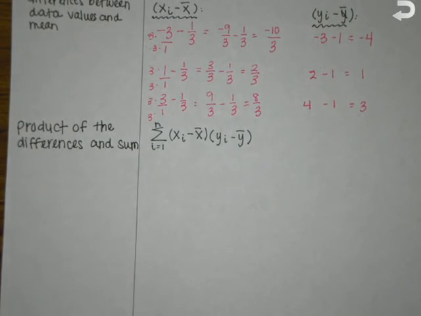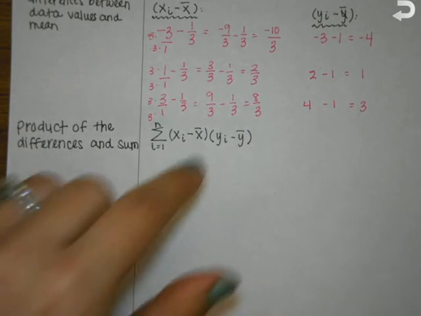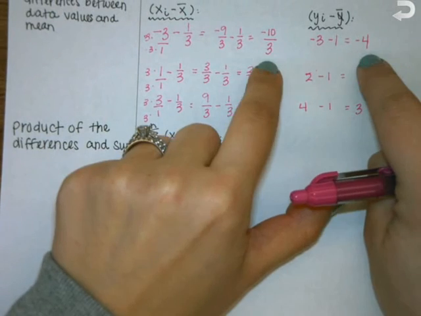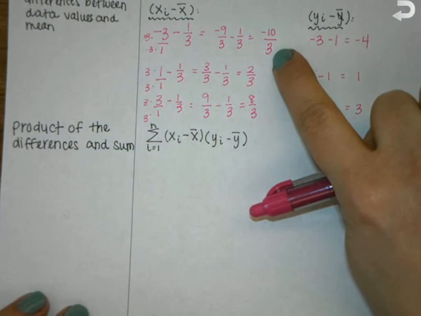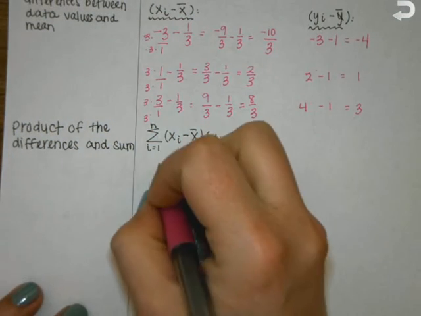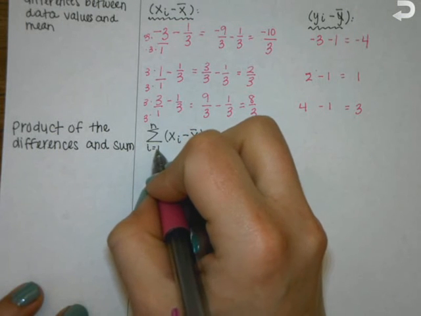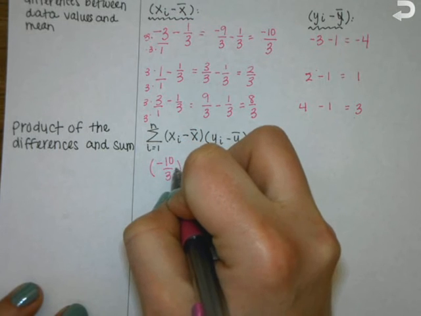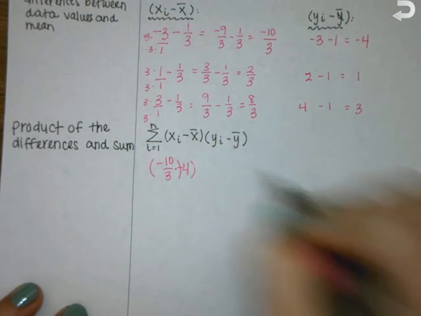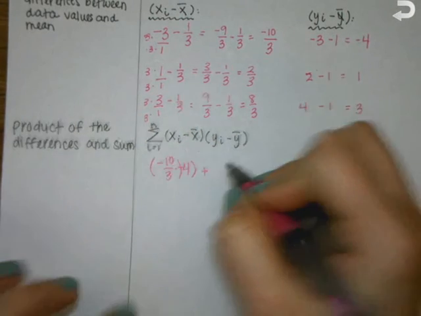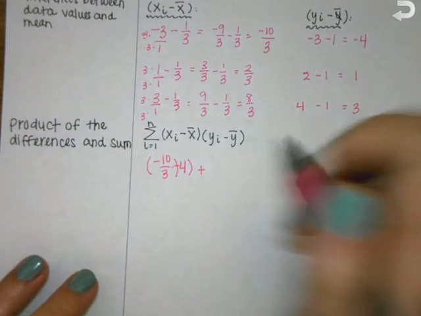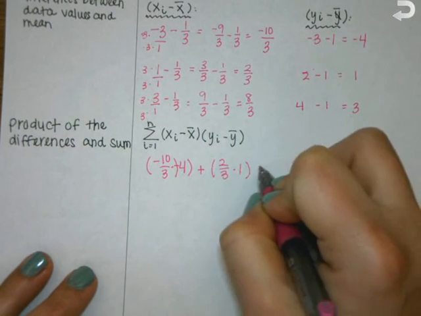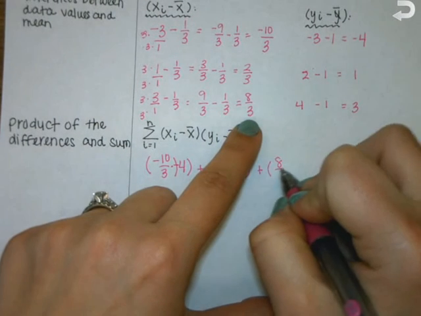So the product of the differences just means that we're going to take each x and y difference from each piece of data and multiply them. So the first one is -10 over 3 times -4, plus 2 over 3 times 1, plus 8 over 3 times 3.